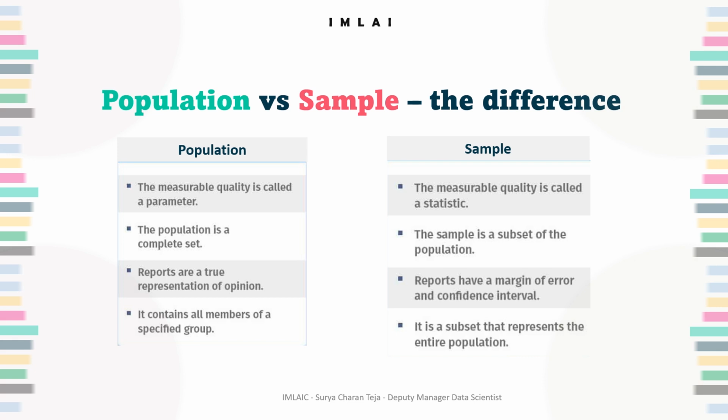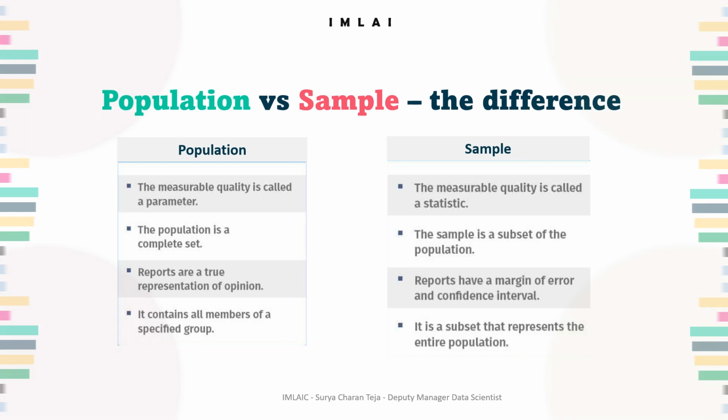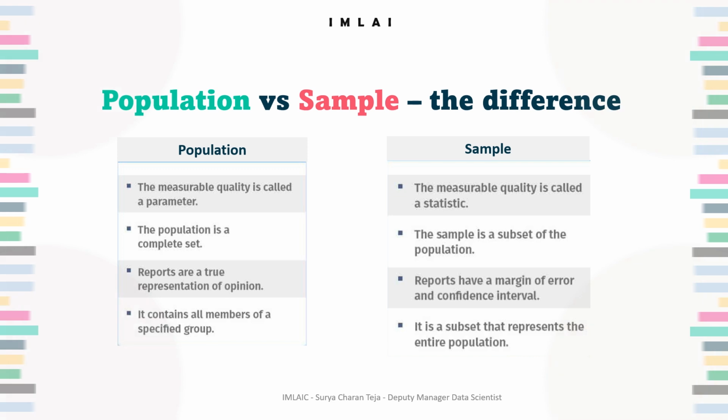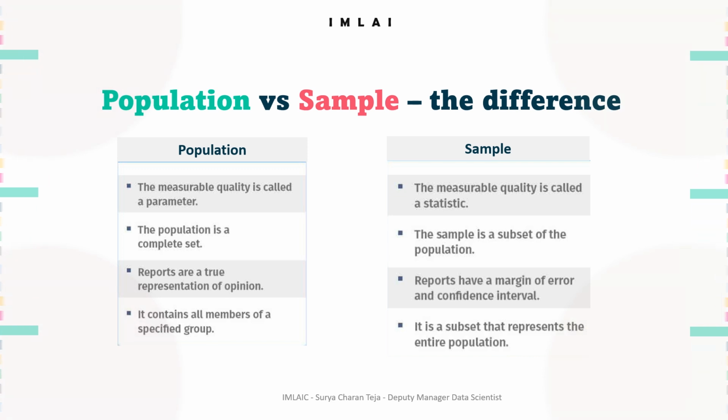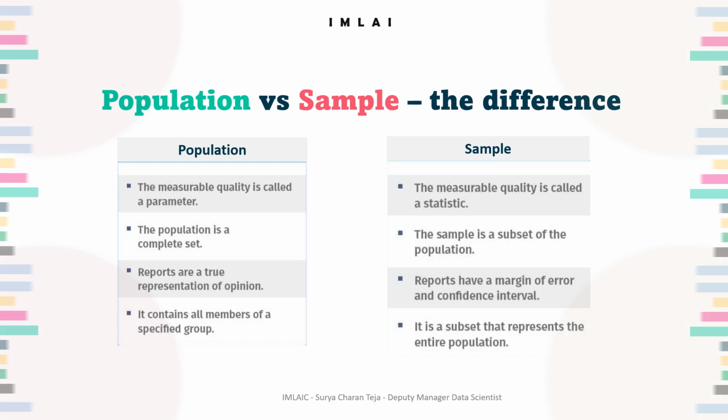So the sample is a subset of the population. Reports have a margin of error and confidence interval, because when it comes to a sample, obviously the reports that come from the sample will have a margin of error and confidence interval, because that does not represent the true opinion of the actual survey or research. Why? Because you haven't considered all the observations that you recorded during the survey or research.